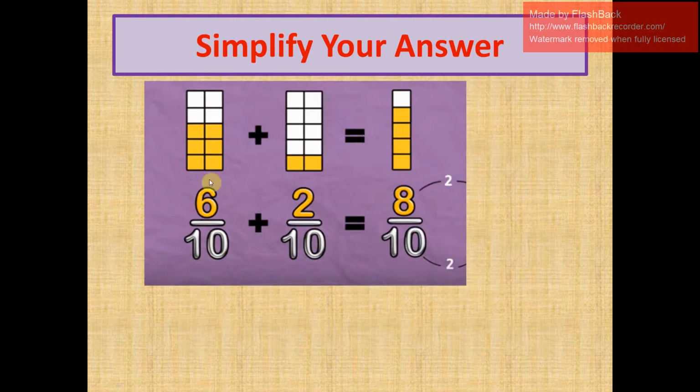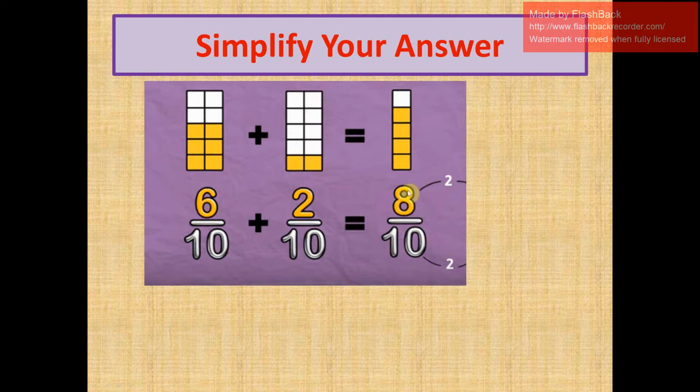Now, 6 over 10 plus 2 over 10 equals 8 over 10. As you studied in the previous lesson about simplest form, you have to write the fraction in simplest form.